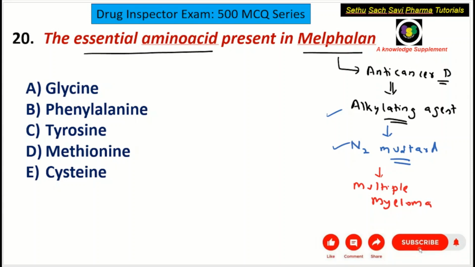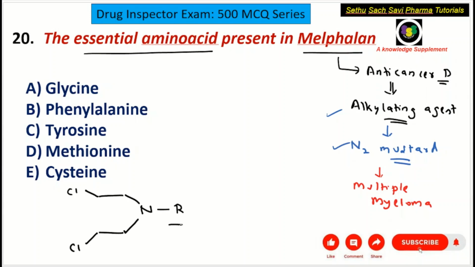Now, if you draw the structure of Melphalan, the structure would look like this. There will be a nitrogen. There will be a CH2 group, as well as chlorine. To this nitrogen, one CH2 group and one chlorine will be there, and there will be an R group.